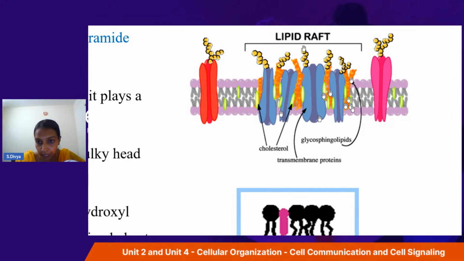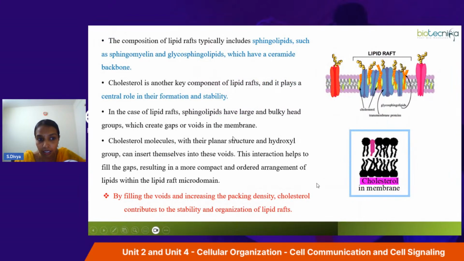You can see between the sphingolipids and the membrane proteins, gaps are present. So these gaps are filled by your cholesterol molecule. Okay. That is the reason the 4th answer is the correct answer. And you can see that by filling the voids and increasing the packing density, cholesterol contributes to stability as well as organization of lipid rafts.